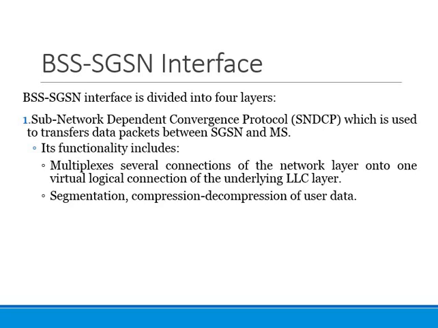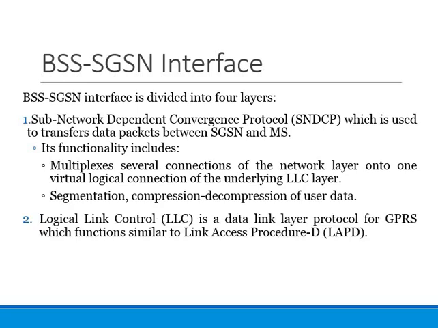Sub-network dependent convergence protocol, that is SNDCP, is used to transfer the data packets between SGSN and MS. Its functionality includes multiplexing several connections of the network layer onto one virtual logical connection of the underlying LLC layer, and segmentation, compression and decompression of the user data.